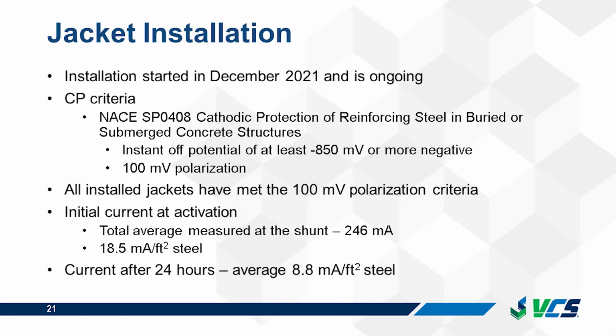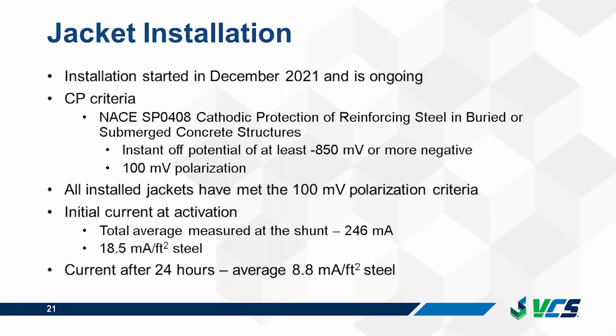We're also measuring the current at the shunt at each pile, both at activation, that's the initial current, and after 24 hours. The total average current measured at the shunt is so far 248 milliamps. However, because the piles have very different lengths and different number of anodes, this number varies quite a bit.